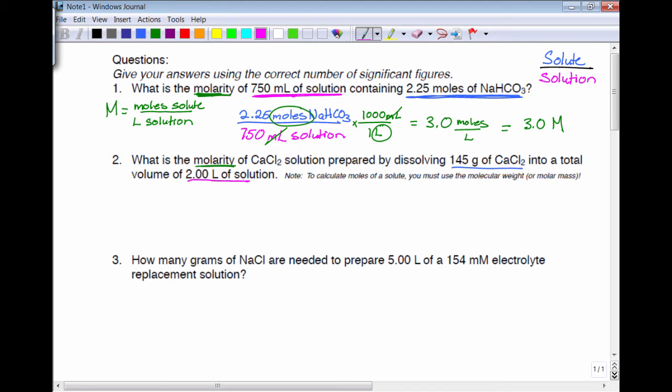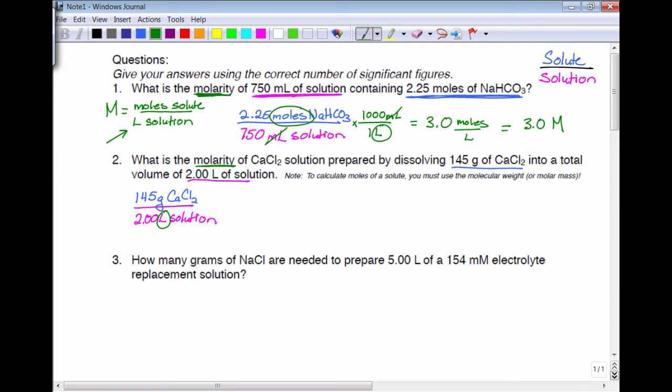So once again, we're dealing with moles of solute over liters of solution. If we write the amount of solute over the amount of solution we have, once again, it turns into a simple unit conversion problem. We already have liters on the bottom, just like we need in the molarity concentration unit.